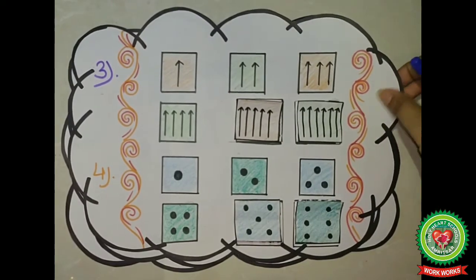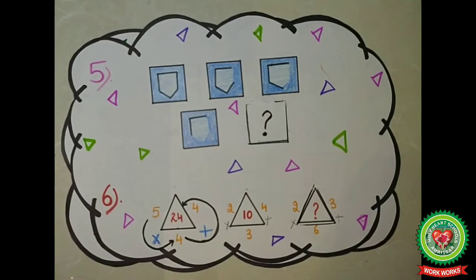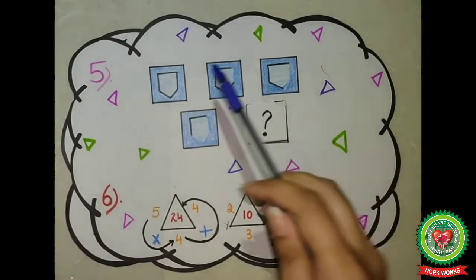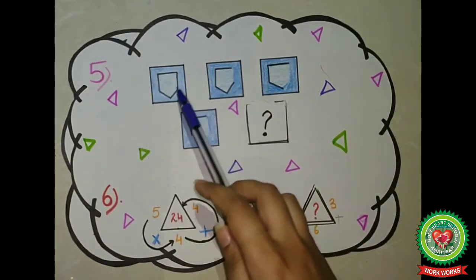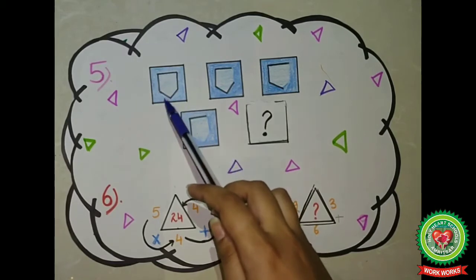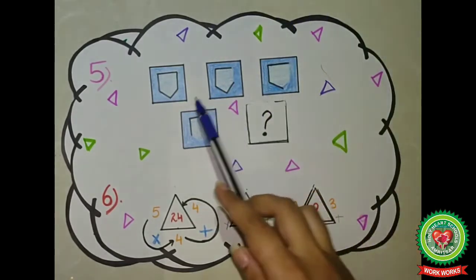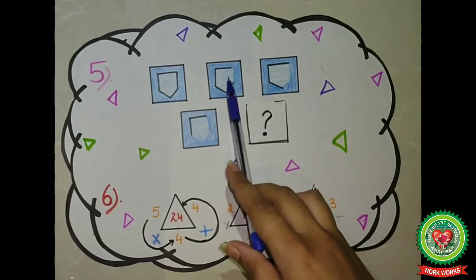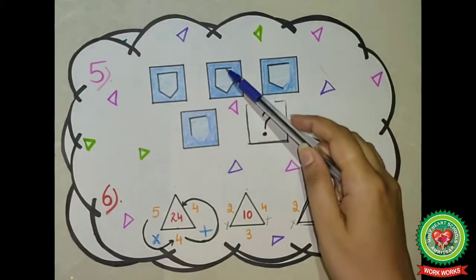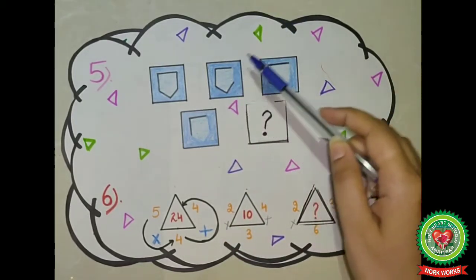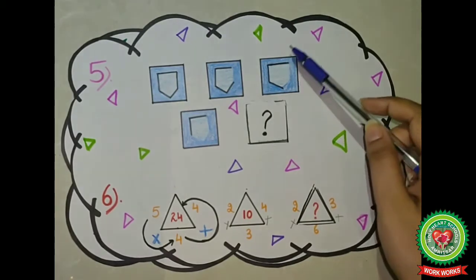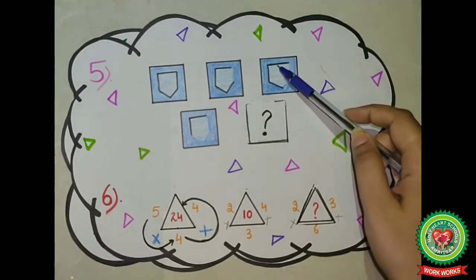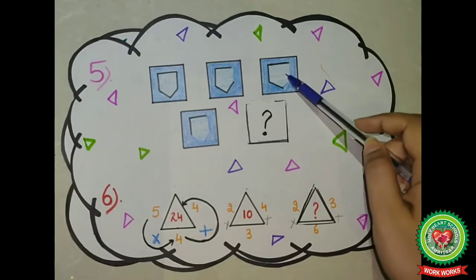Coming to the next example, example number 5, there is a box in which a 5-sided figure is given. Now you can see in the second box, there is a 4-sided figure. In the next box, there is a 3-sided figure.